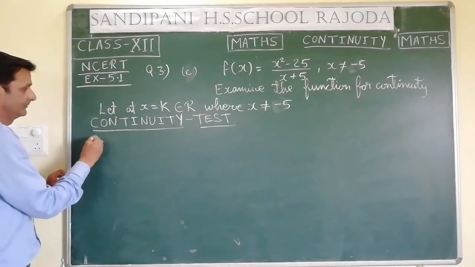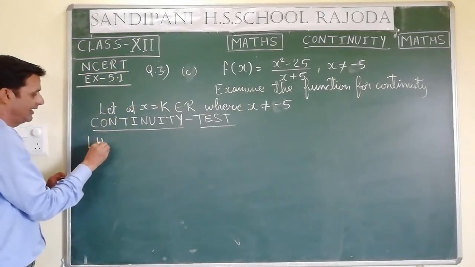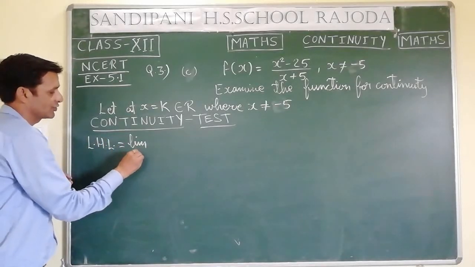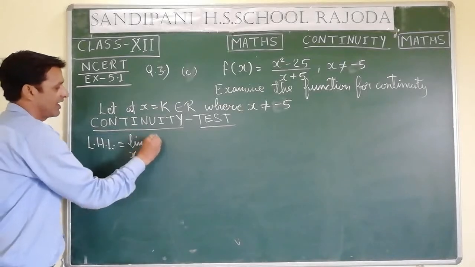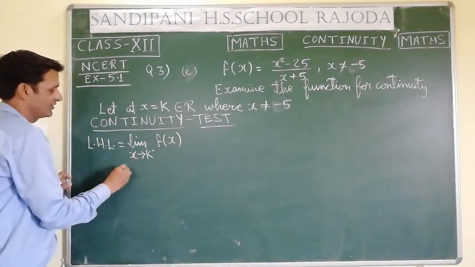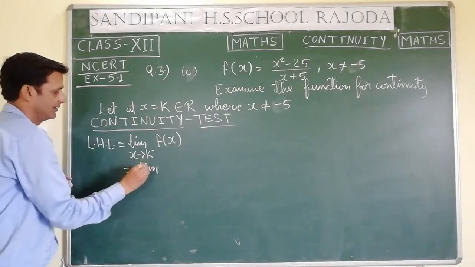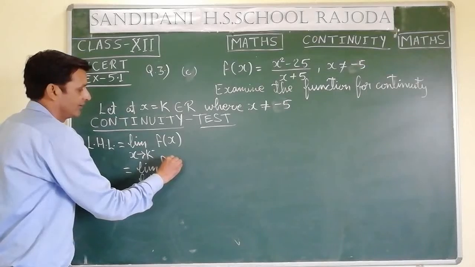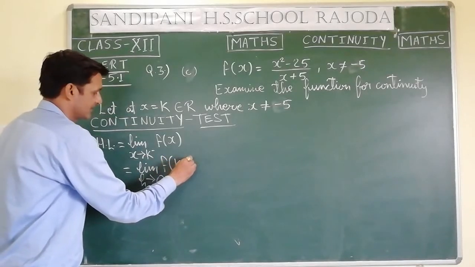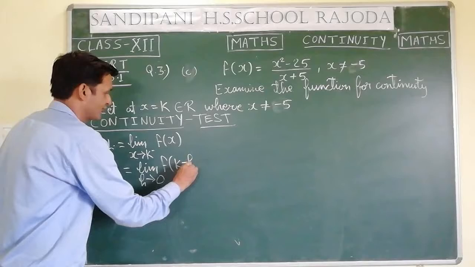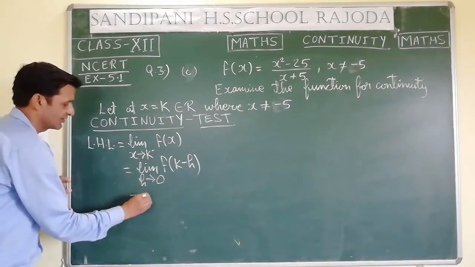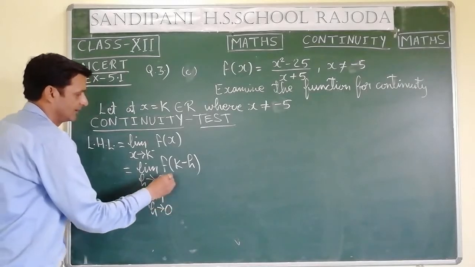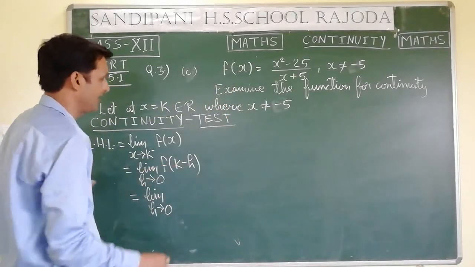So LHL, the left hand limit, is equal to limit x tends to k minus f of x, which is equal to limit h tends to 0 f of k minus h. That is equal to limit h tends to 0. In place of x, we have to write k minus h.